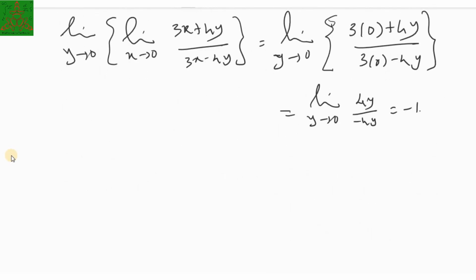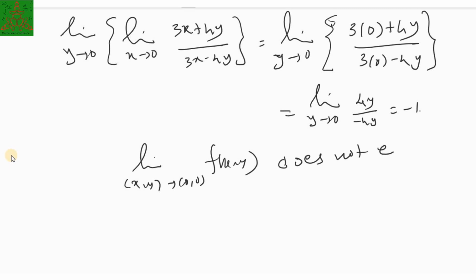So you can say that these repeated limits are not equal, and therefore the limit of the function at (0, 0) does not exist. So this is another way to check whether the limit exists or not.